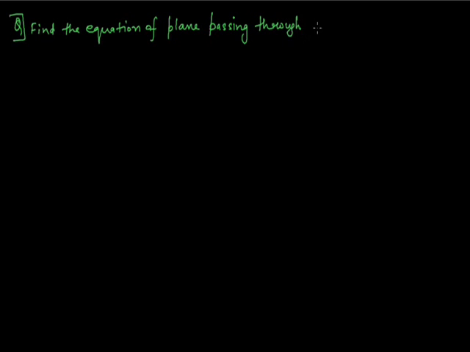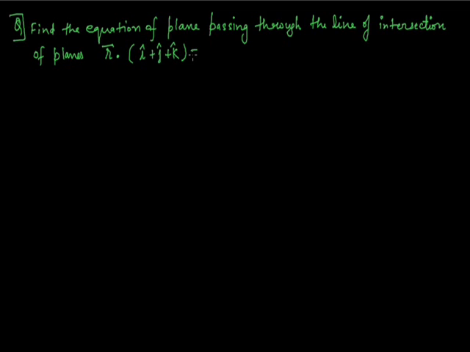Let's take an example. Suppose the question is, find the equation of the plane passing through the line of intersection of the planes r vector dot (i cap plus j cap plus k cap) equals to 1, and the second plane given to us is r vector dot (2i cap plus 3j cap minus k cap) plus 4 equals to 0, and parallel to the x-axis.